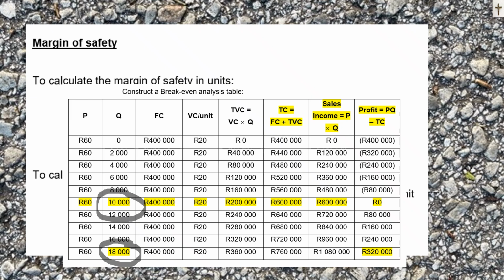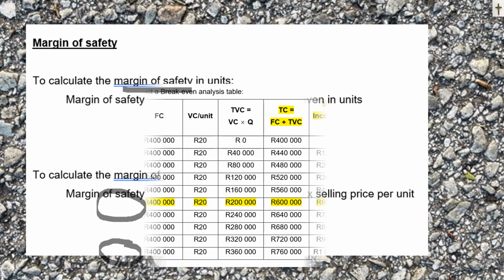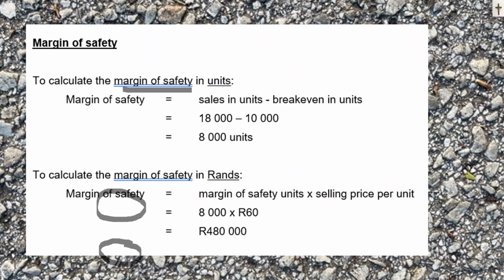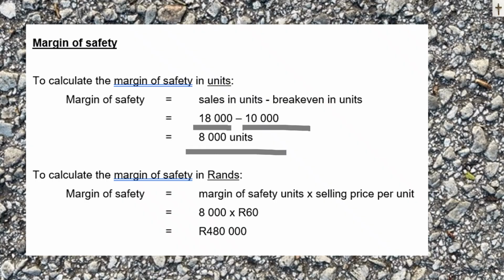That is how you calculate the margin of safety in units. So in our example, the margin of safety would be 18,000, total number of units produced and sold, less the number of units at the break-even point. So the margin of safety is 8,000 units.